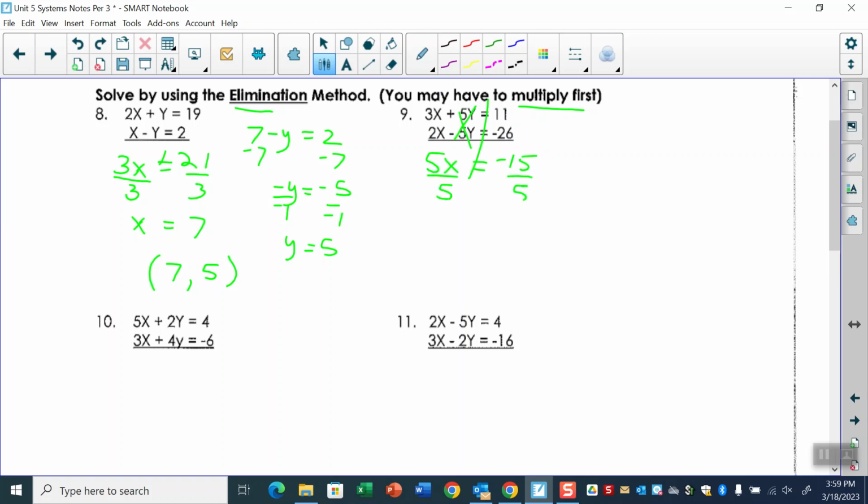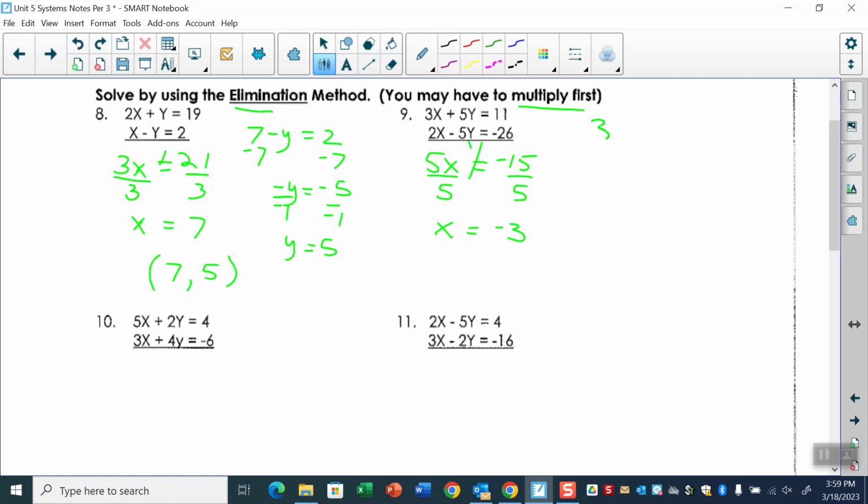Divide by 5. So I get x equals negative 3. Then you could put your two original equations into Desmos and see what y is. Or you could go back and substitute in the negative 3 up here.